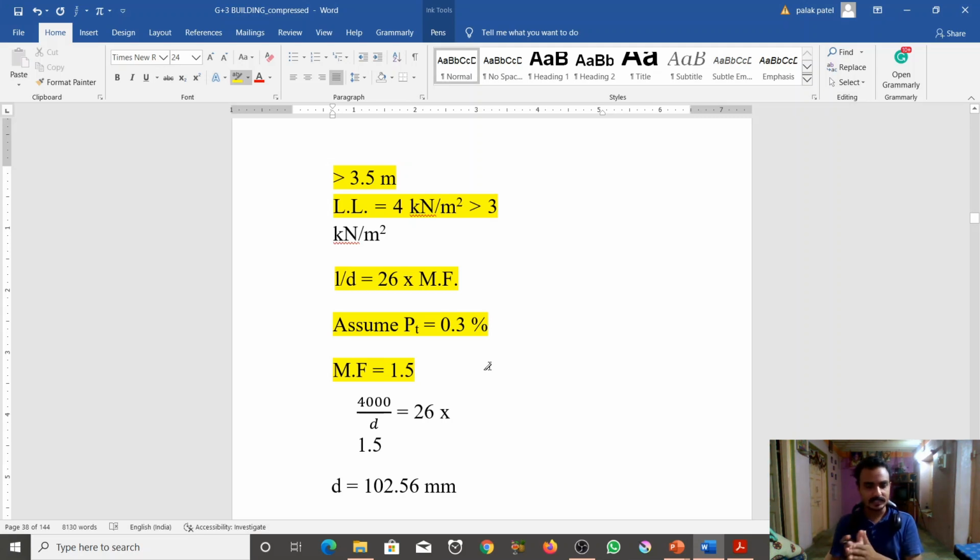You will understand easily how to find the MF modification factor from IS 456:2000, page number 38. There is a graph which gives the modification factor against the percentage of steel. You can calculate easily: MF is 1.5.